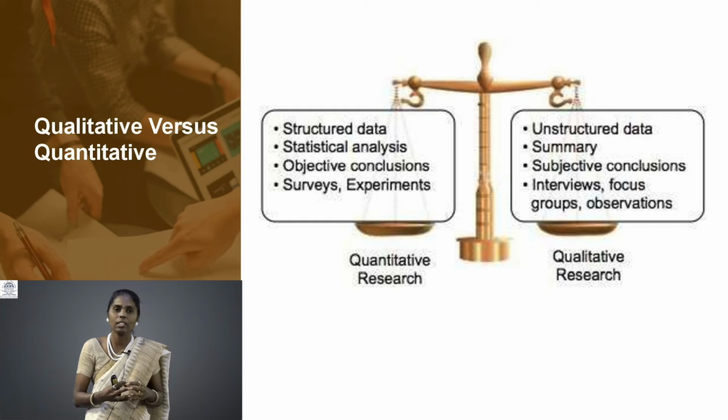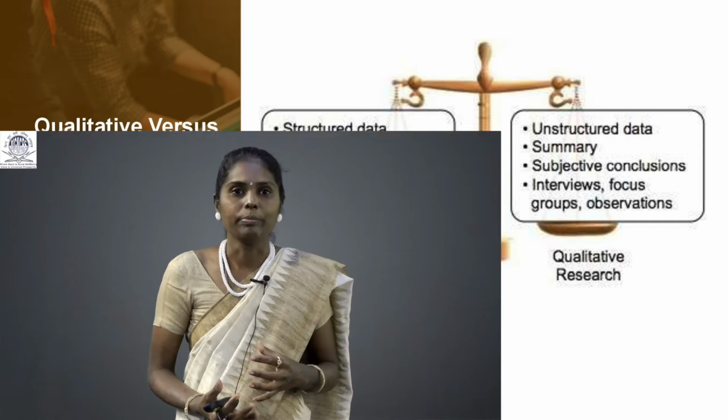In qualitative research, in-depth interviews, focus group discussions, or observations can be carried out, and we would be coming to subjective conclusions. Qualitative research is about things which cannot be quantified, right? Quantitative research is about things which can be quantified.